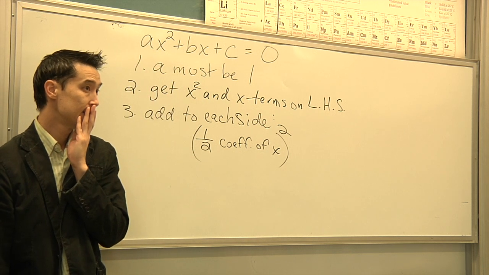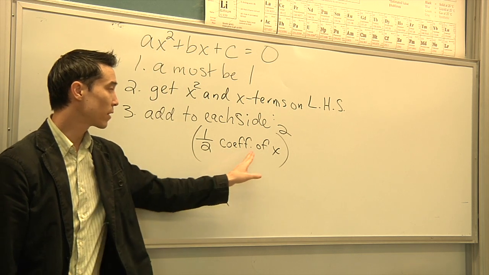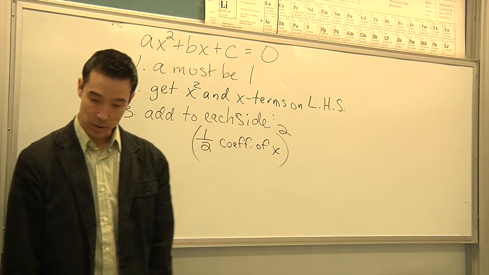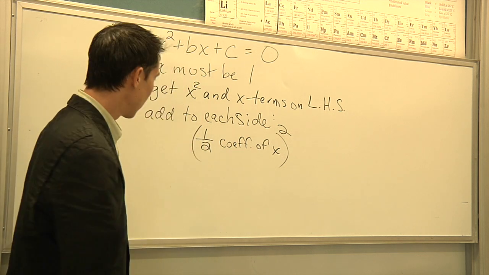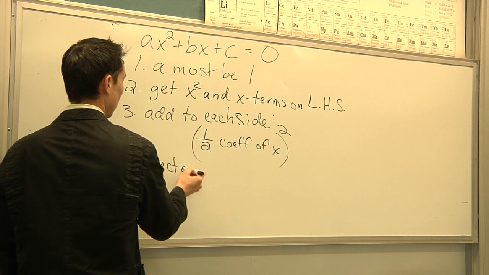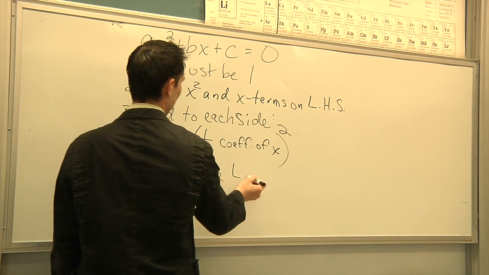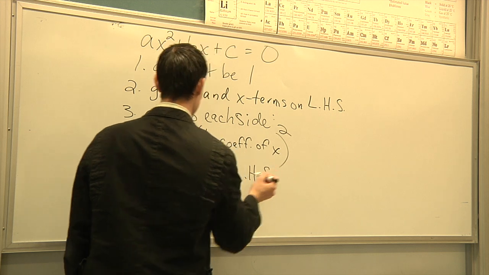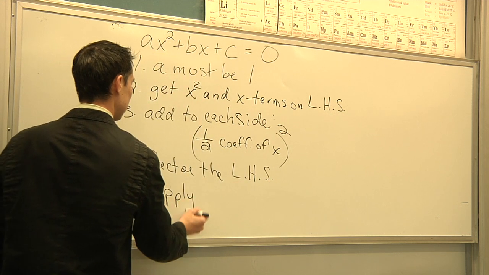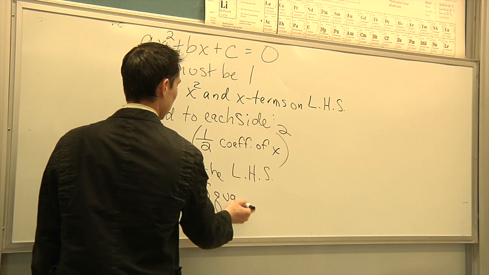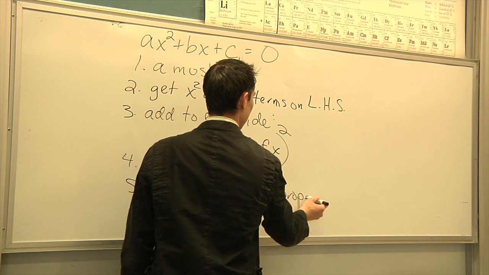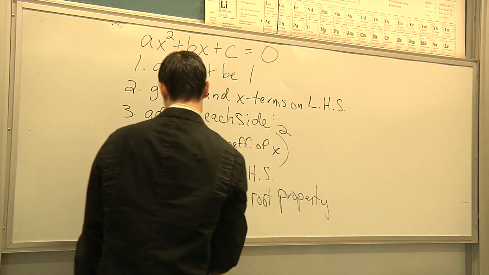Okay? So you're going to take 1/2 of the coefficient of x, and then you're going to square that number. We're adding that to both sides. All right, step 4. Factor the left-hand side. Step 5. Apply the square root property. And finally, step 6. Solve for x.